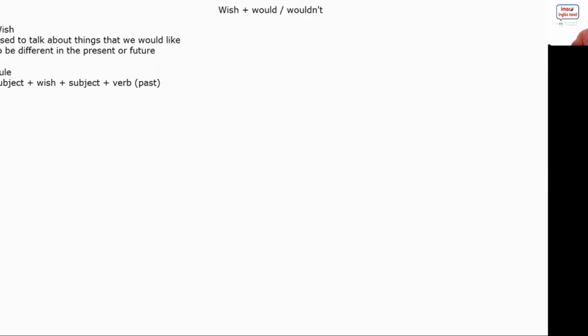It's not real. So we have to use a verb in simple past. Some examples of this structure or how to use this structure are here. Let's check.